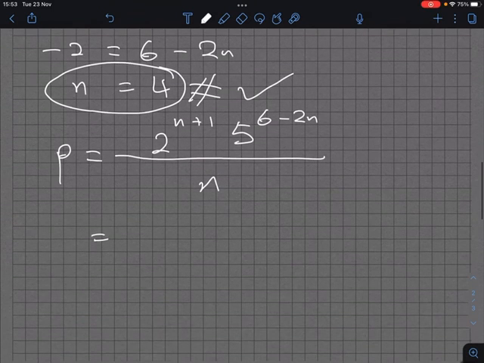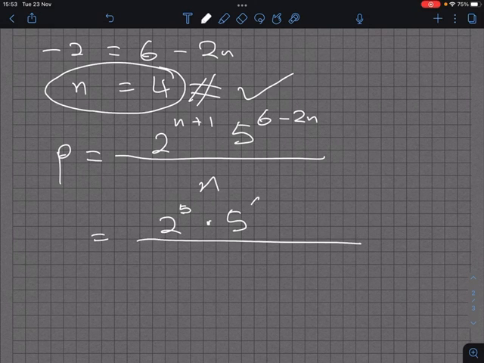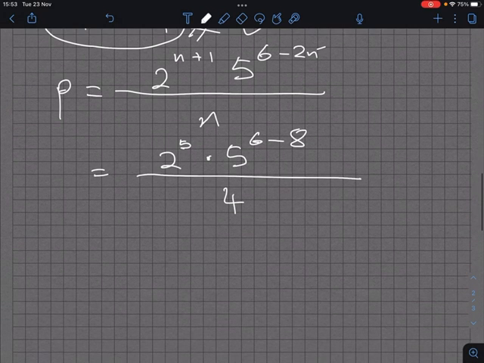So we put a 4 there. So 4 plus 1 is 5, times 5 to the power of 6 minus 2 times 4, which is 8, over n, so put a value of 4 there. So your p will be equal to, substituting everything, keying in your values, you get 8 over 25.